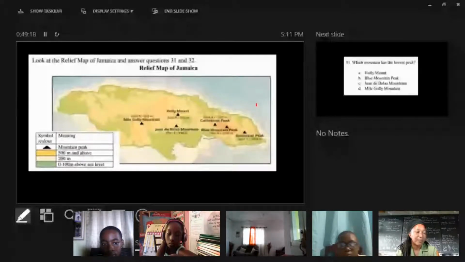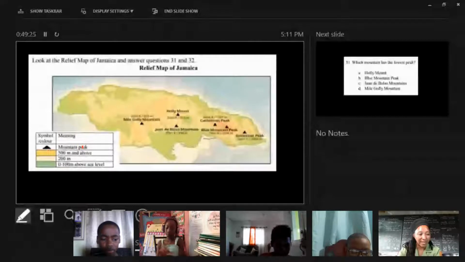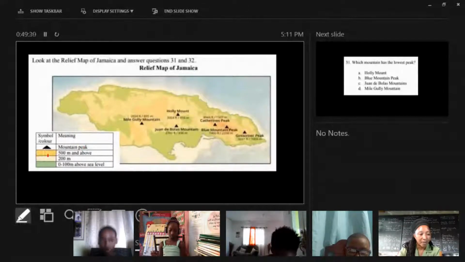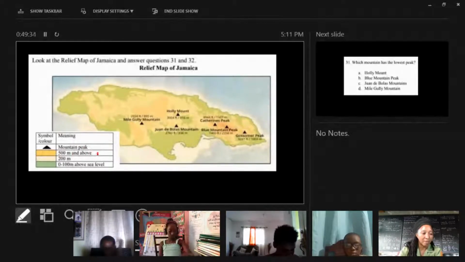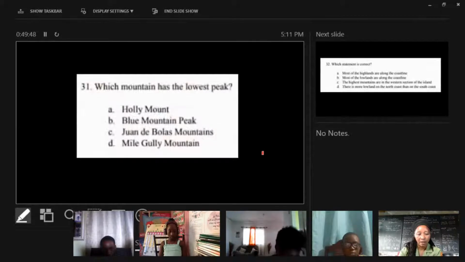And for the map key here, the black triangle tells us that's the mountain peak, the pale orange color is 500 meters and above, the pinkish color is 200 meters, and the green is 0 to 100 meters above sea level. All right, Antoine, 31.